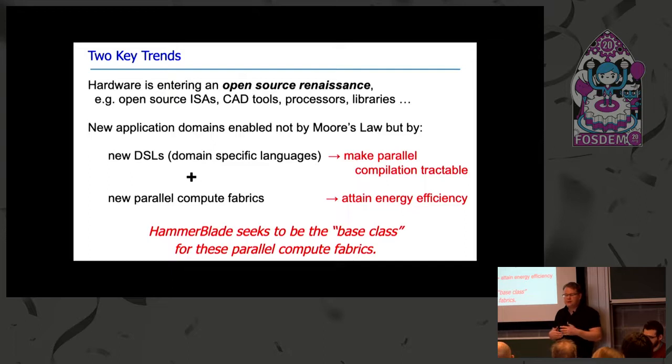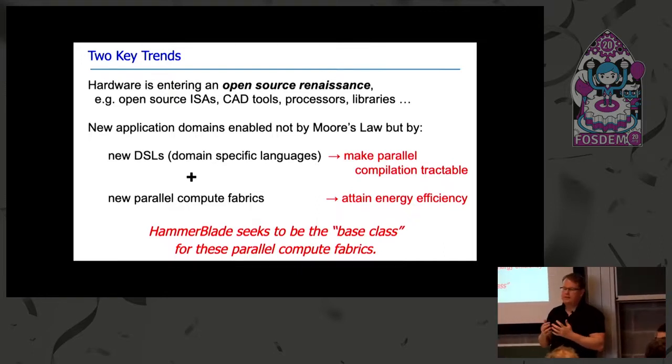And then at the same time, we have all of these new application domains that are enabled essentially by Moore's law winding down. Right. The key two technologies for enabling these domains are the development of new DSLs, domain-specific languages, that help make the process of compiling some application and getting it to run in parallel feasible, and then also the availability of new parallel compute fabrics.